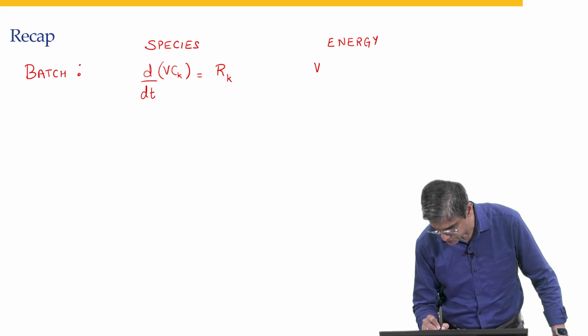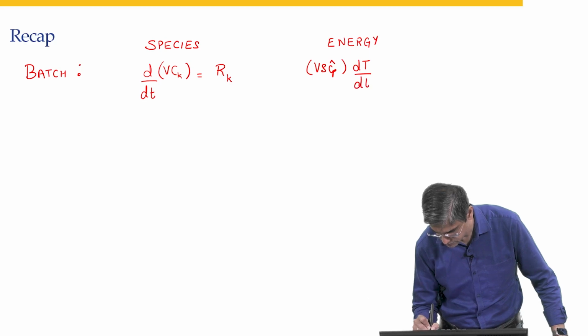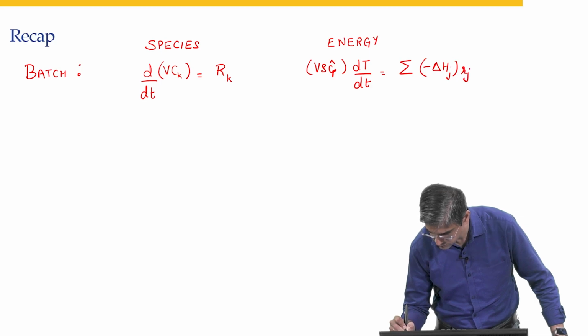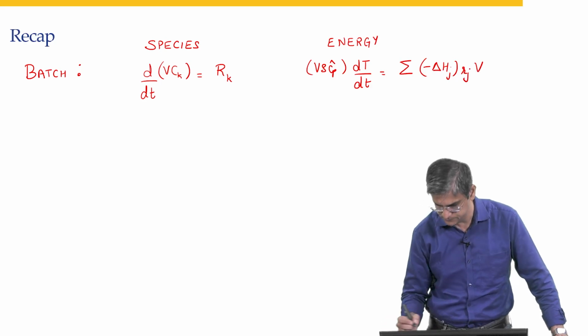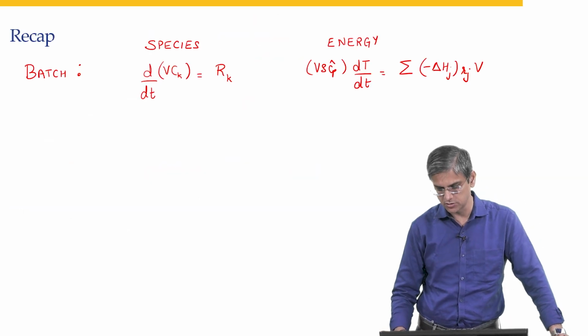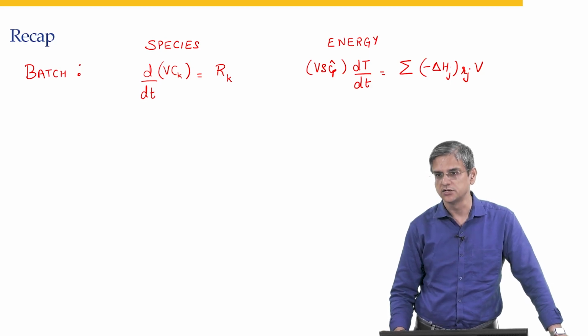For energy balance, you have V rho Cp hat. Essentially, these are what you are going to have in your species and energy balance for your batch reactor. There is no inlet and outlet terms.